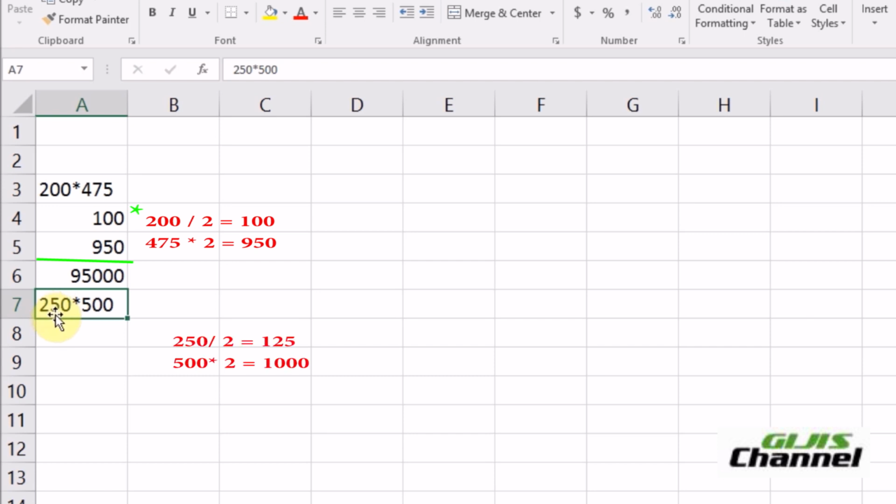So 250 divided by 2 is 125. Then double the second number. The second number is 500. When you double it, it's 1000, right? So now multiply both numbers, 125 times 1000. That's the answer: 125, then add 3 zeros.